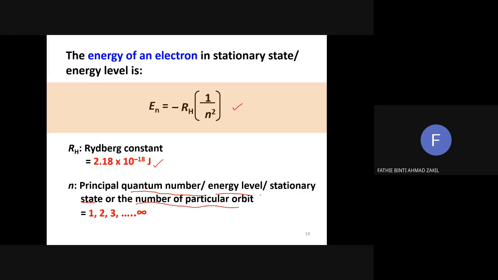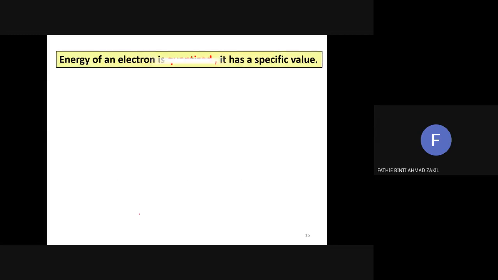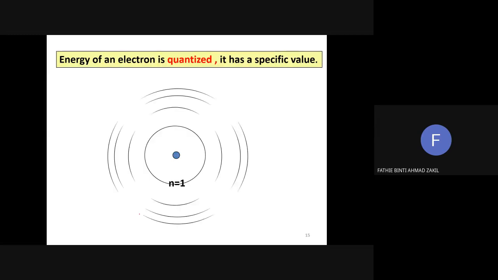Okay, it can start with 1, 2, 3 up to infinity. Then, the energy of an electron is quantized, it has a specific value.